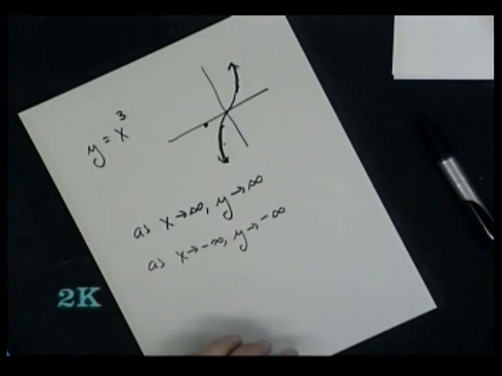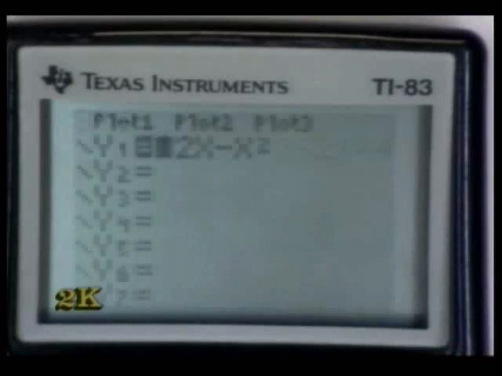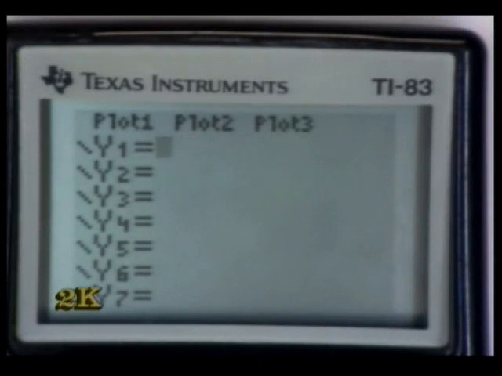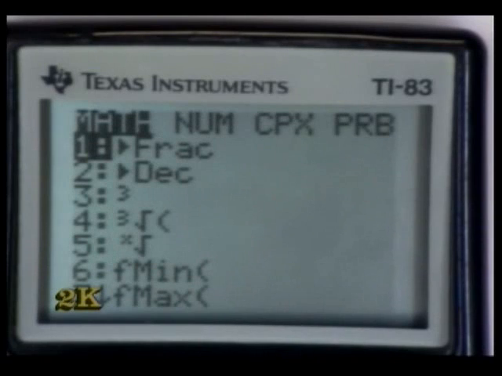Let's go to the calculator here and do a little exploration. I want to put in here x to the 3rd. There actually is a cube in there. Let's see, I think it's in math. Yeah, there it is.